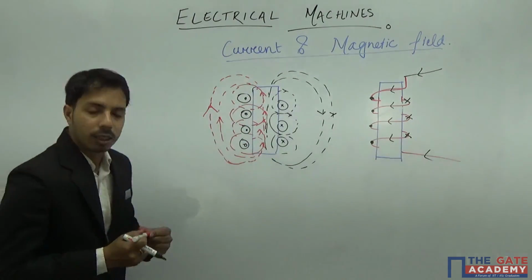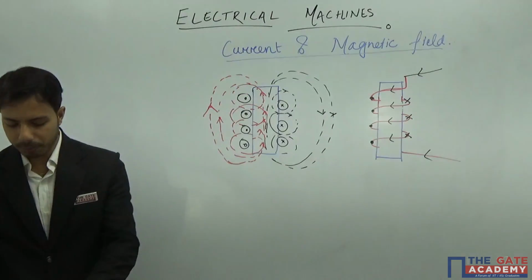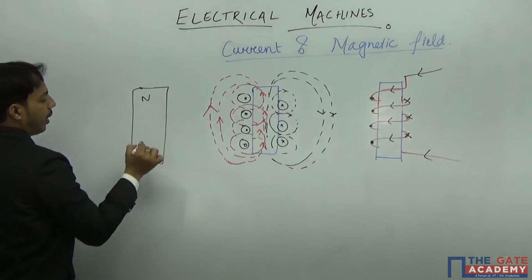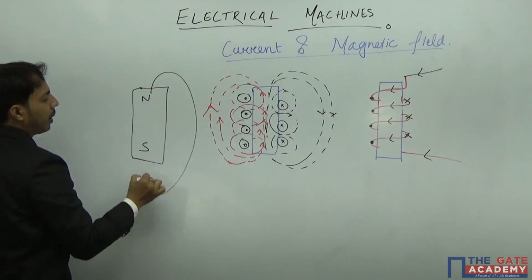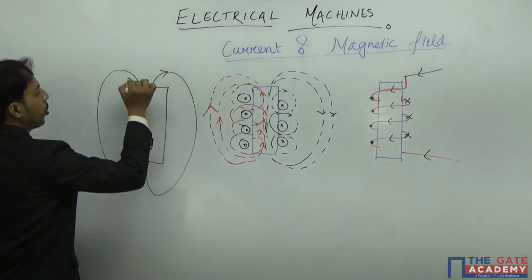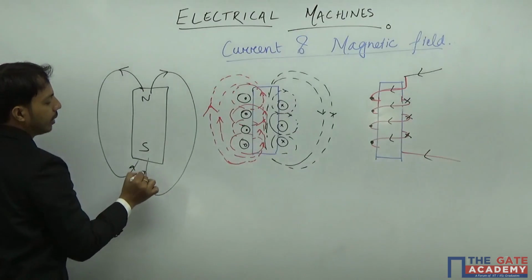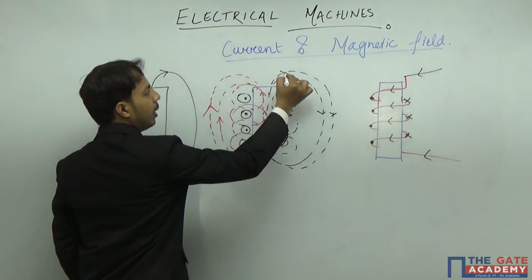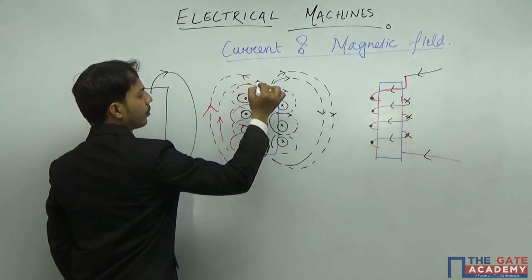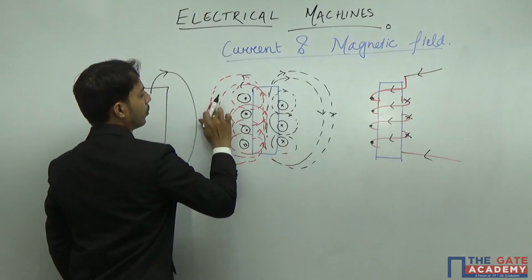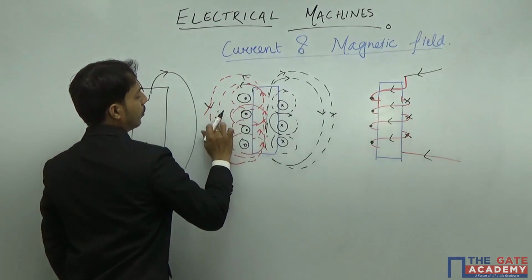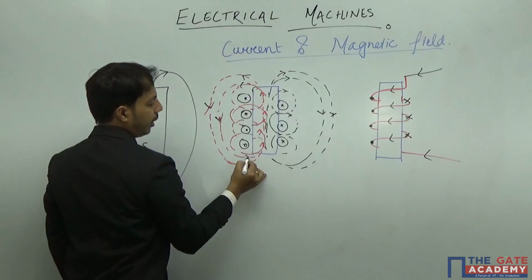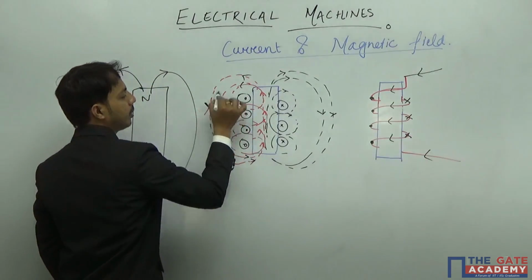So you see, now this is similar to a bar magnet. If I have a bar magnet, say N and S here, the field will come out from north and go inside the south in such a way. A similar thing is happening. Field is coming out from these directions. This is anti-clockwise, so fields are coming out in these directions and going inside in these directions.